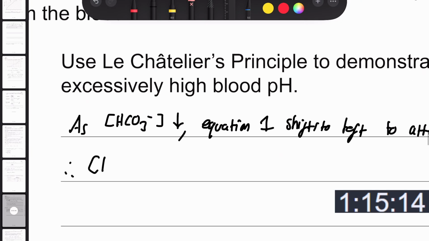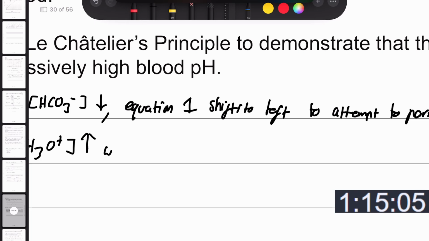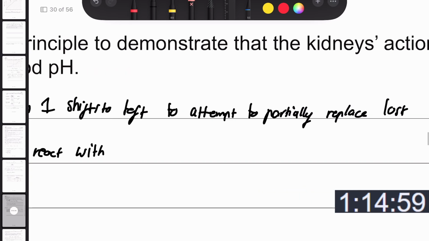Therefore, concentration of H3O plus will increase, which can react with OH minus, therefore lower the concentration of that.